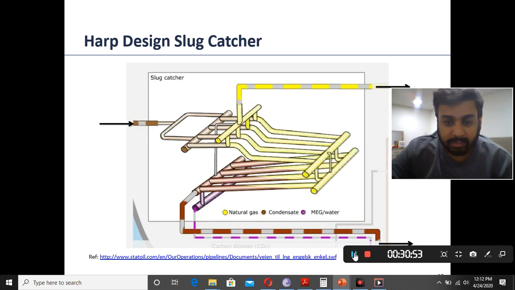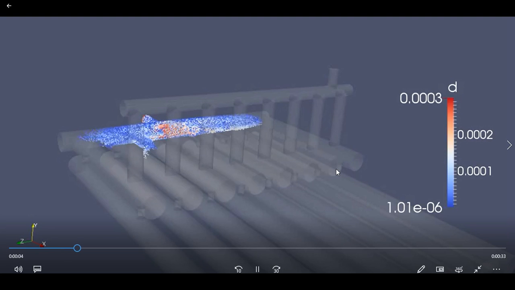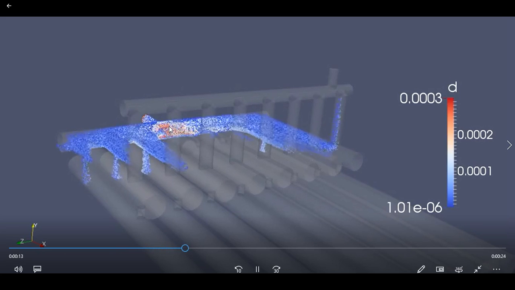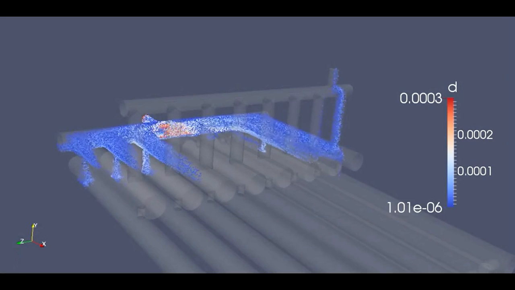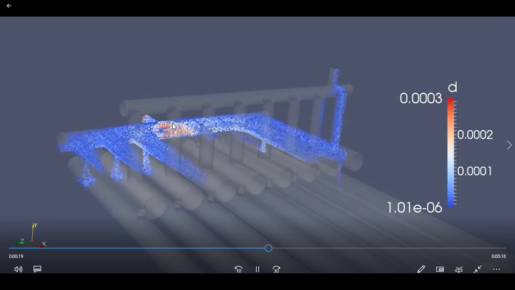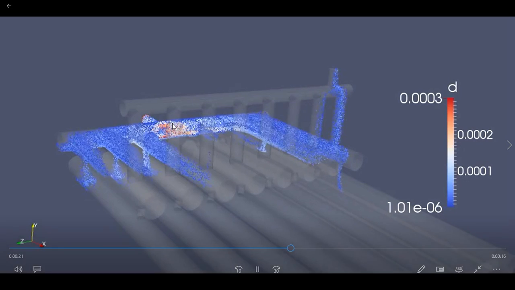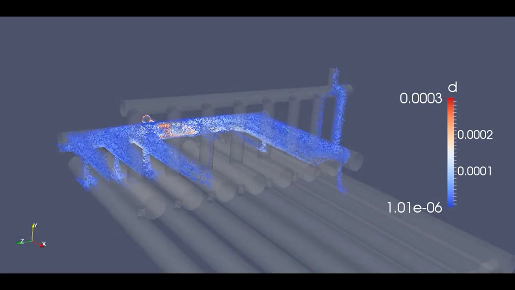So let me show you. You can see now it has gas and some liquid. So the liquid is actually trapped here.